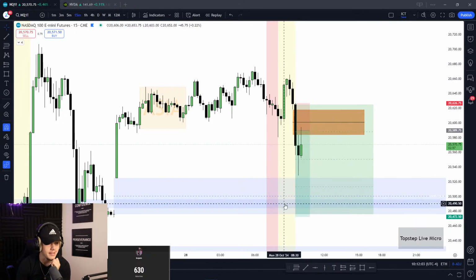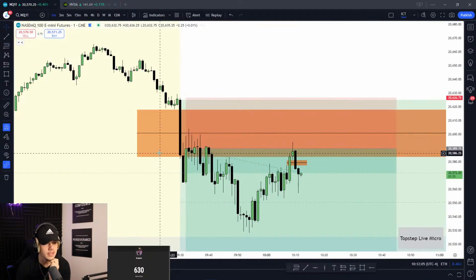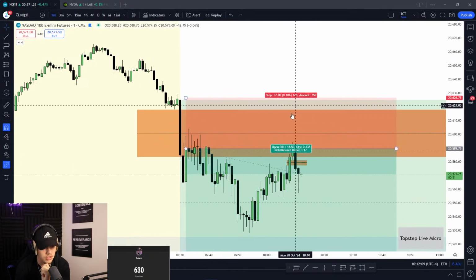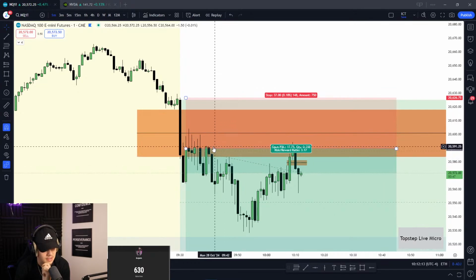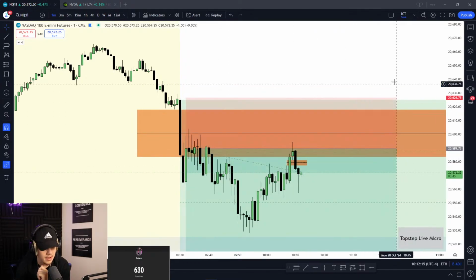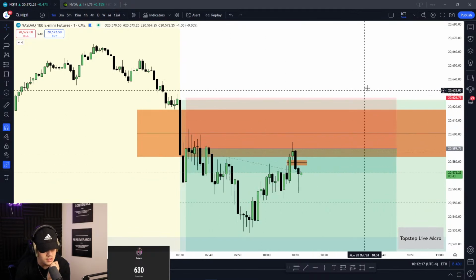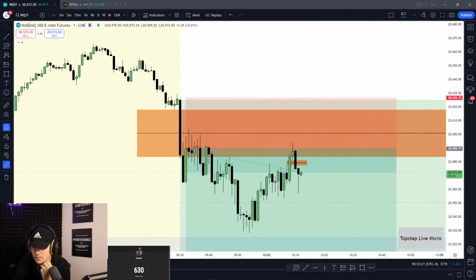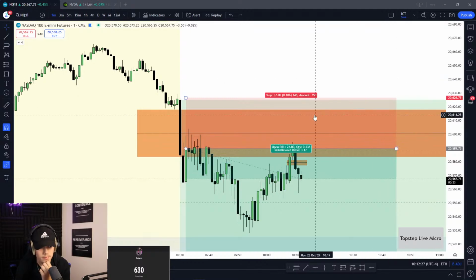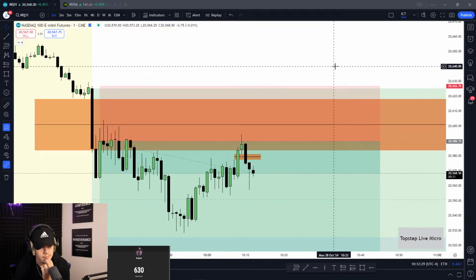I'm pretty confident we're going down there and filling out that new week opening gap. Yeah, that inversion fair value gap. It's a strong inversion too, right? Because it displaced and took this high and this high, as well as that high. This candle alone took out two swing highs, so I might add a few more positions there if we trade into it and respect it.